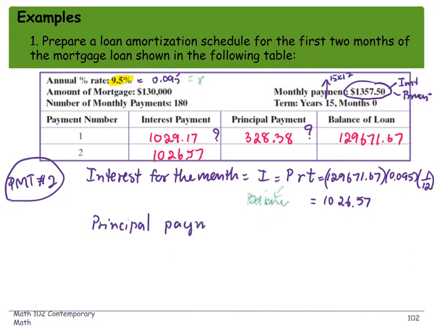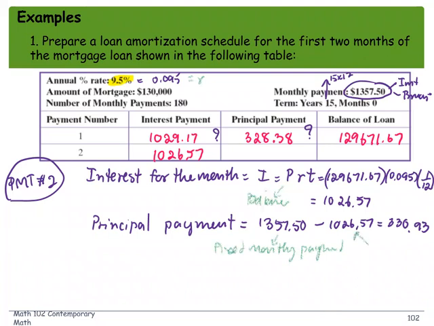The principal payment is the monthly payment, which is the fixed amount 1,357.50, subtracted by the interest 1,026.57, and the value comes out to be 330.93. Note that the monthly payment is the fixed value, and the other amount is the interest for this month.